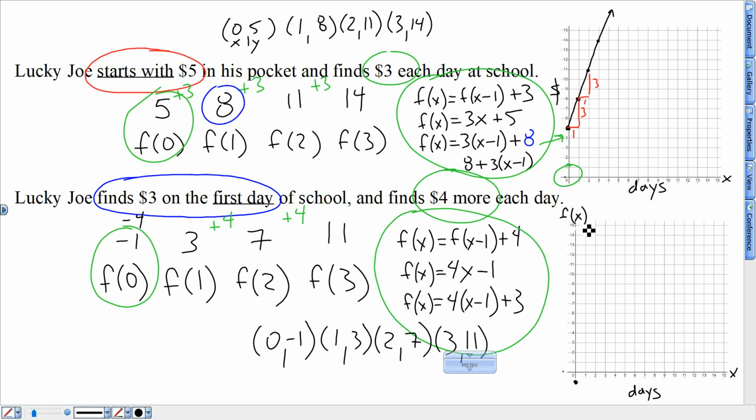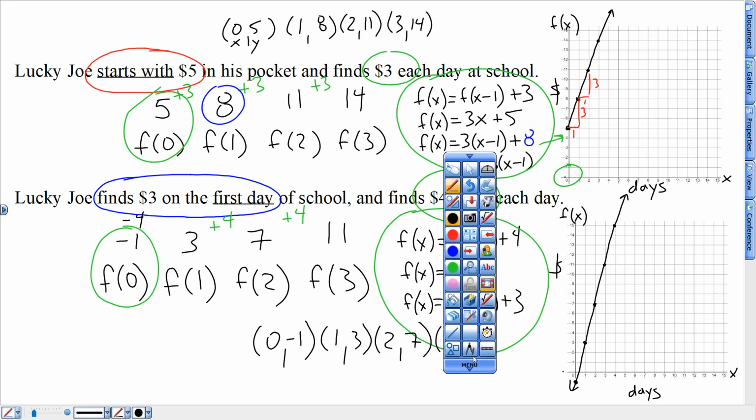Should have labeled that up here. This is money. 0, -1. Over 1, up 3. Over 2, up 7. Over 3, up 11. Over 4, up to 15. Drawing a line through there. And again, not going through the origin, going down the y-axis a little bit.